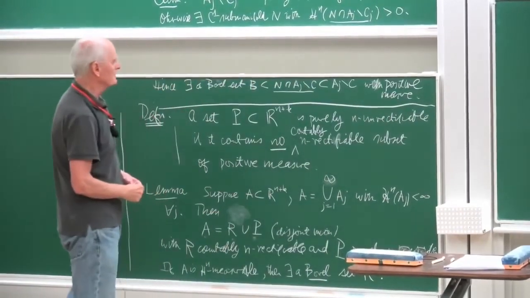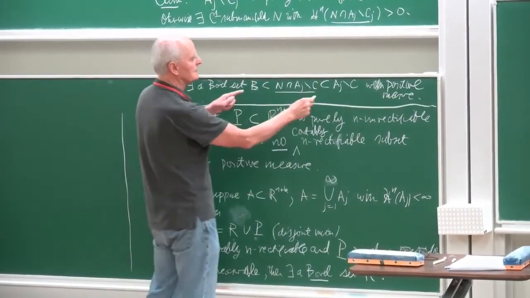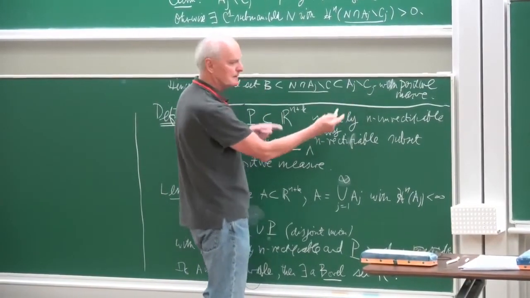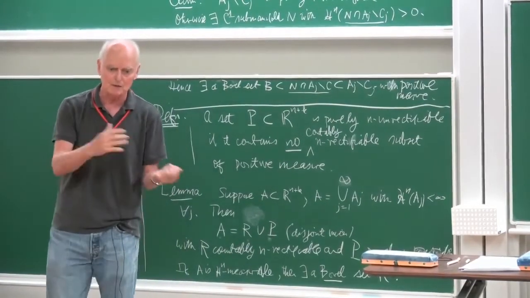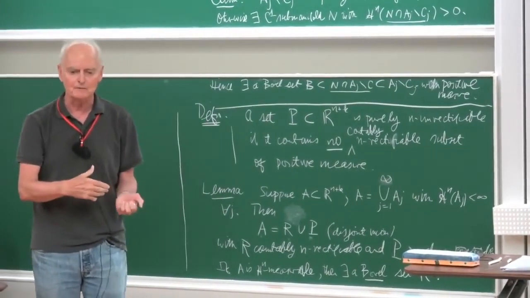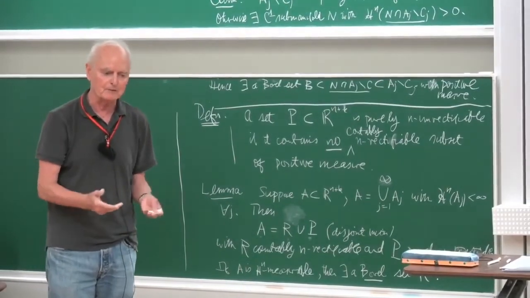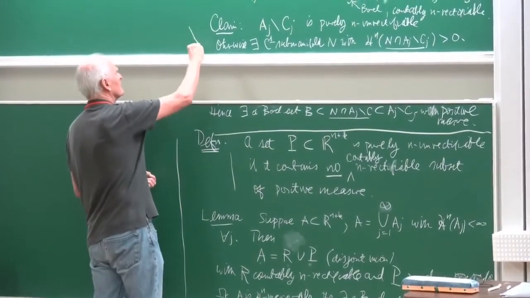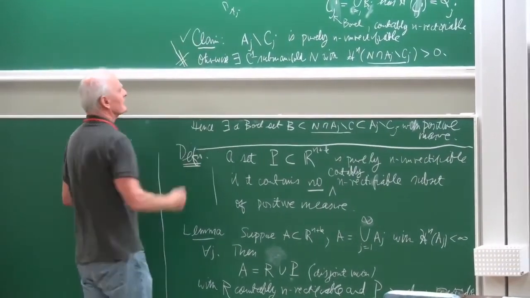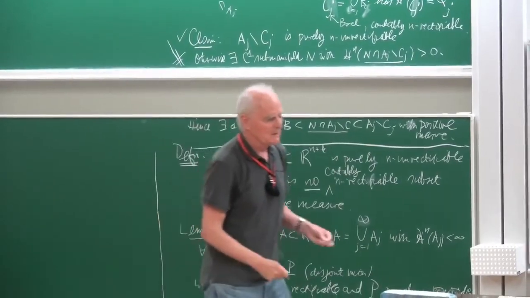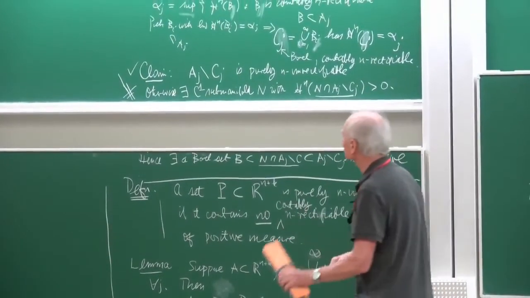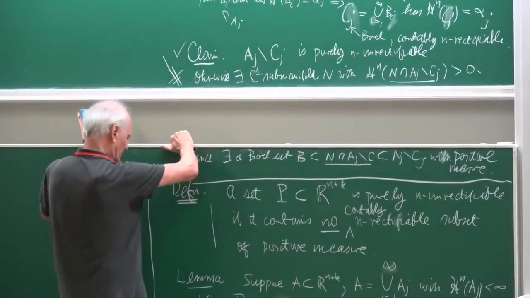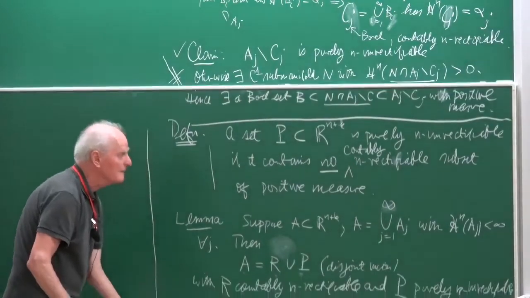But you see, that would be a contradiction, right? Because then this is disjoint from Cj, and B union Cj would then be a Borel subset of Aj, which is still countably rectifiable. This is the union of two countably rectifiable sets, and it's got bigger measure than this number alpha j. So that's a contradiction. So the claim is correct, purely unrectifiable. So that takes care of this lemma.